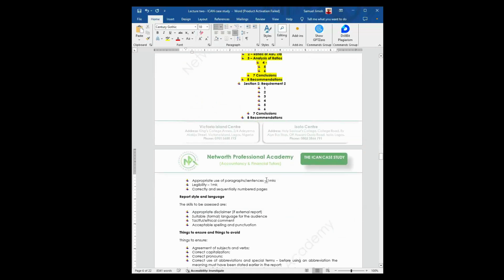Just make sure that your handwriting is very clear and very easy for the marker to read. Oftentimes, when I have reports from my students, I find it really very difficult to read some reports, and I will have to abandon such reports.